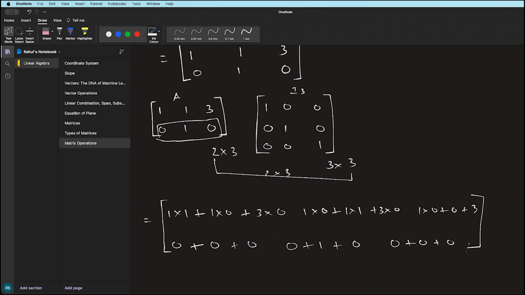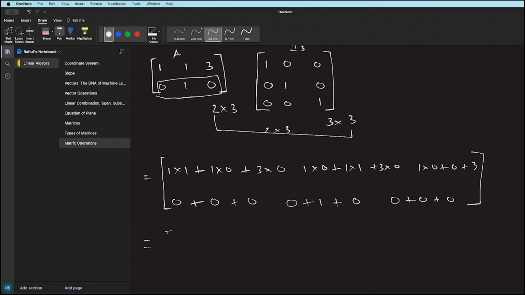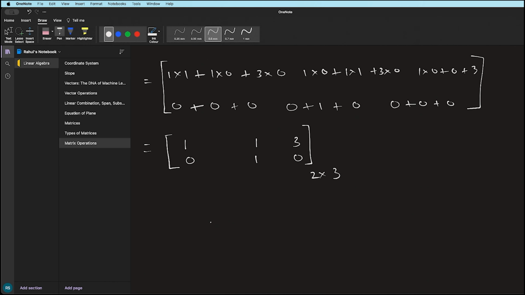So the resulting matrix will be 1 1 3, 0 1 0. The resulting matrix is the same and it is a 2 cross 3 matrix. Hence we have proved that I dot A equals A dot I, and the result of both will be equal, that is A only.